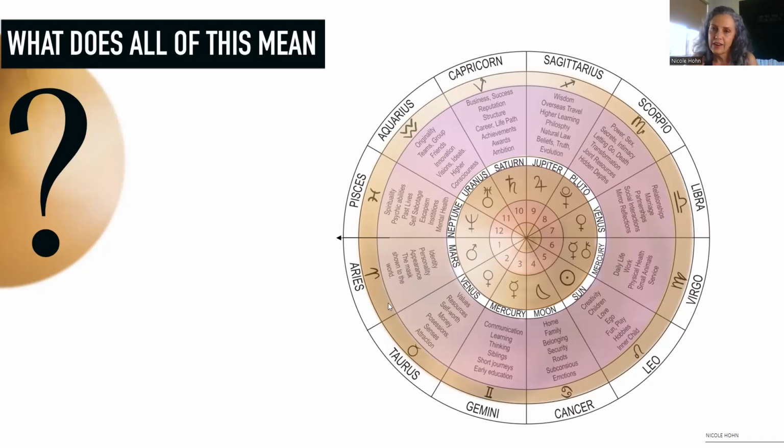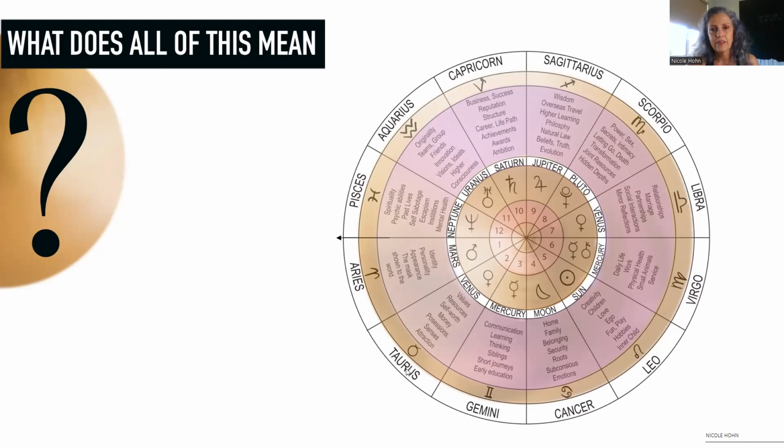Each house also has a particular theme that relates to the sign and the planet. So the first house, for example, relates to Aries. It also relates to the planet of Mars.